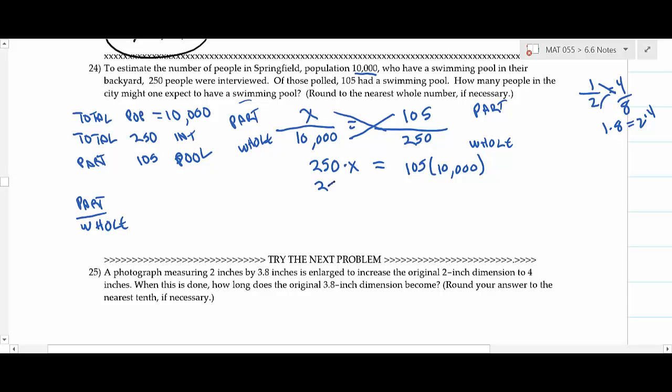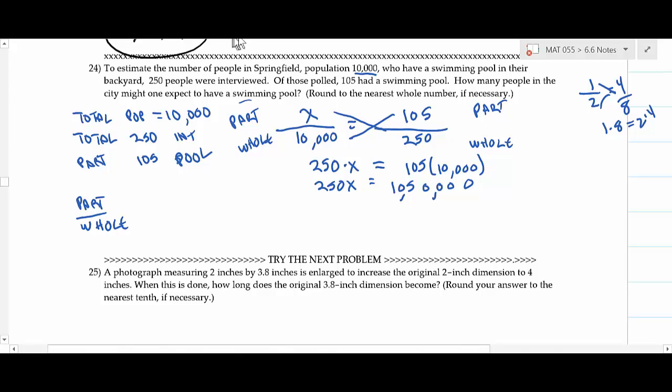So we're going to have 250x here. Would you have to get your calculator out to do 105 times 10,000? You could, but what does that do? It just adds 4 zeros to 105, right? So I'm going to do 105 and go 1, 2, 3, 4, like that. And that's what you would get. Then what do you do to close off the problem?